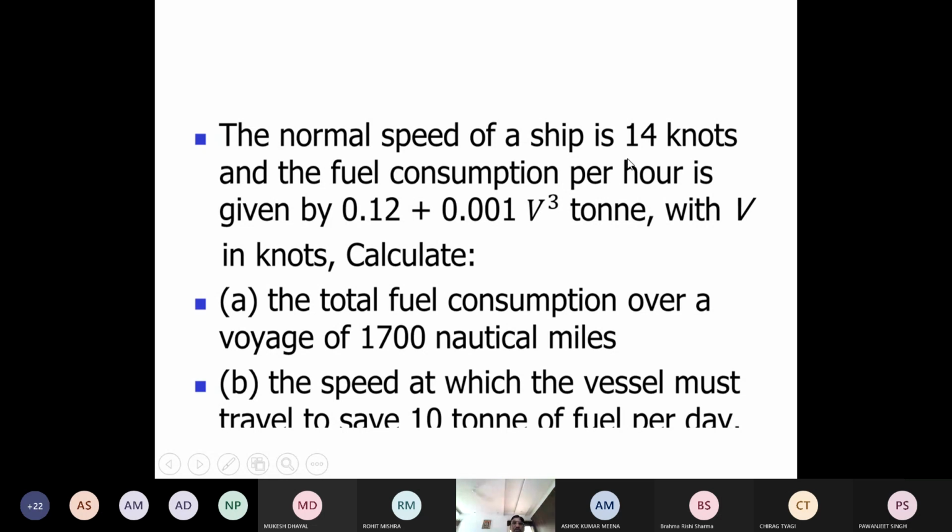The normal speed of a ship is 14 knots and the fuel consumption per hour is given by 0.12 plus 0.001 V cube tons, with V in knots. Calculate the total fuel consumption over a voyage of 1700 nautical miles, and the speed at which the vessel must travel to save 10 tons of fuel per day.